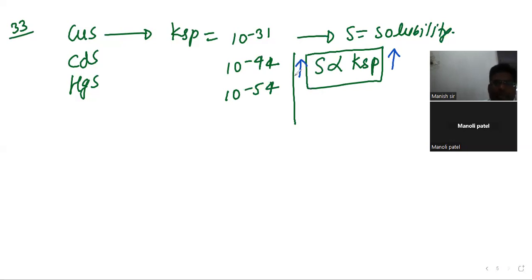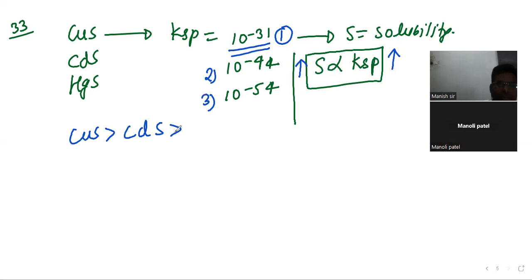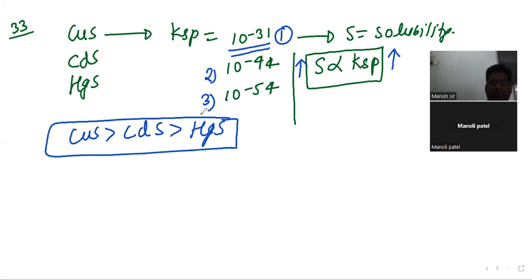So you can just observe that the higher KSP comes first in the race, this will be second, this will be third. So your order will be like this. CuS will be the first, next decreasing will be CdS, next will be HgS. So this is the order for solubility.